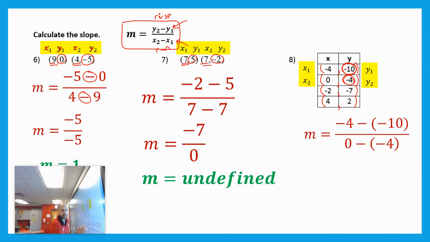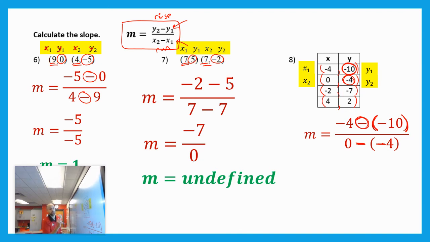Notice how when I wrote this down, I still have a subtraction sign there for now. I'm subtracting a negative. So here's where parentheses can be helpful to help you keep track of subtracting a negative. On the bottom, I'm also subtracting a negative. Okay, so that double sign has to be there to begin with.